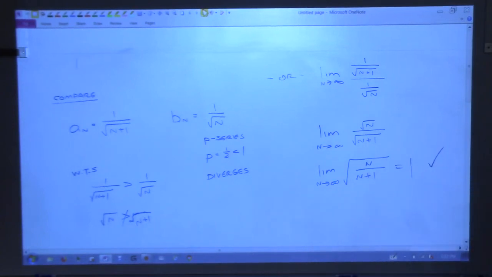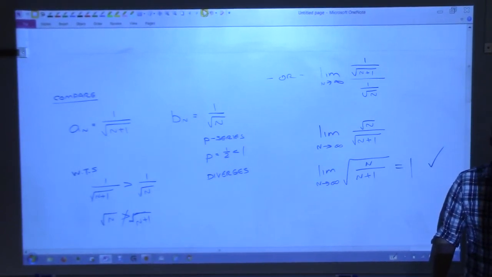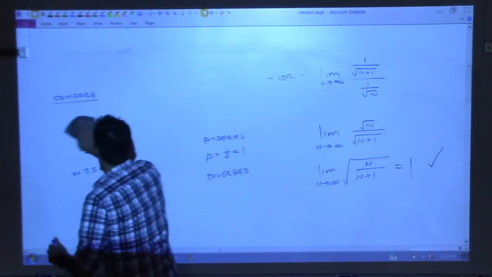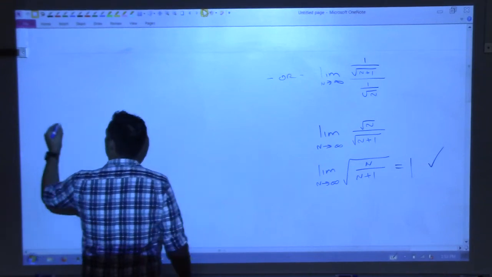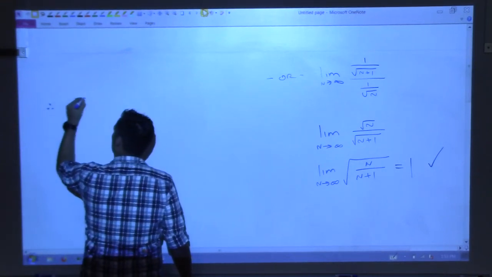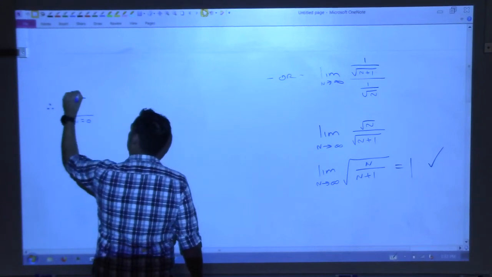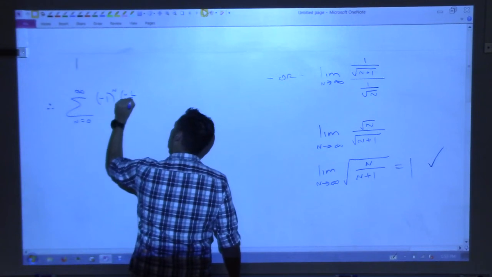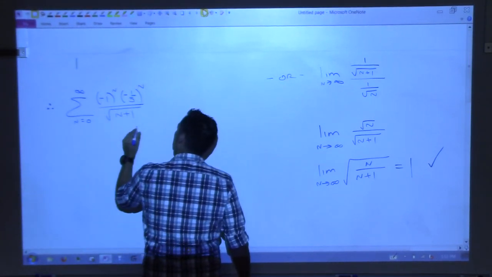Don't lose sight of what we've just been doing. We do not want negative 1/5 in our answer, right? So therefore, the series n equals 0 to infinity, negative 1 to the n, negative 1/5 to the n over root n plus 1 diverges.